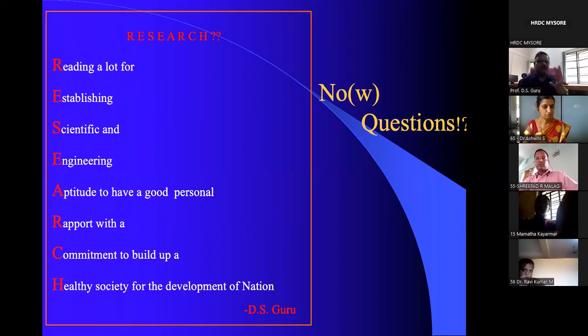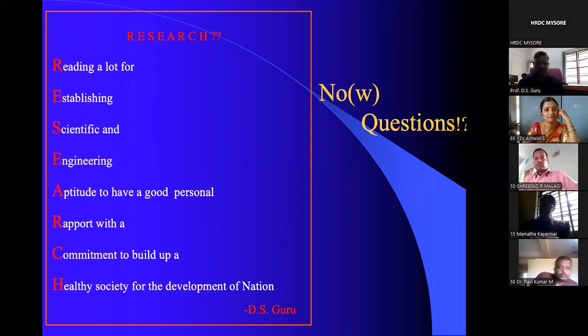With this, let me read my own poem on the topic called research. R-E-S-E-A-R-C-H, research. R is for reading a lot, for establishing scientific and engineering aptitude. Even a subject like economics or history has two components. One is a scientific component, another is an engineering component.